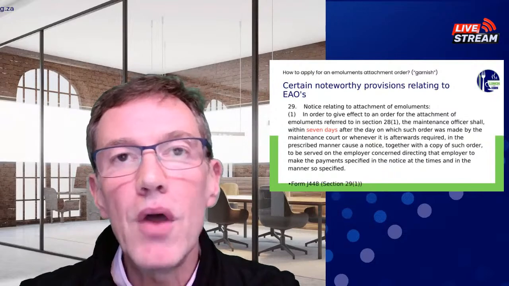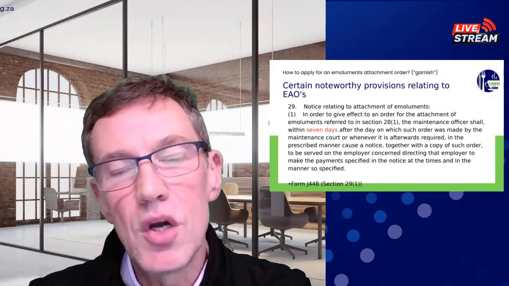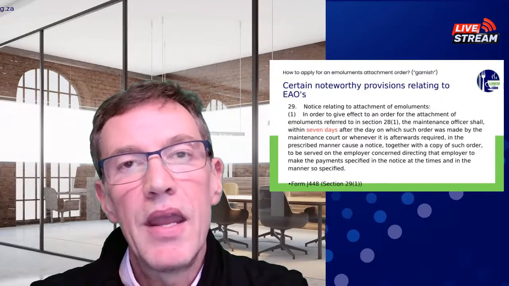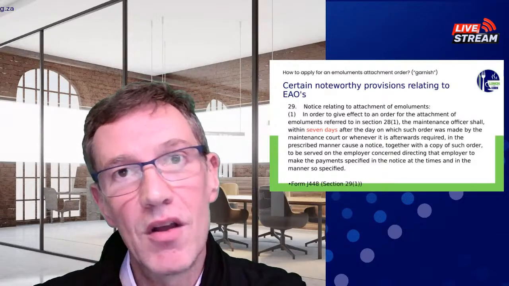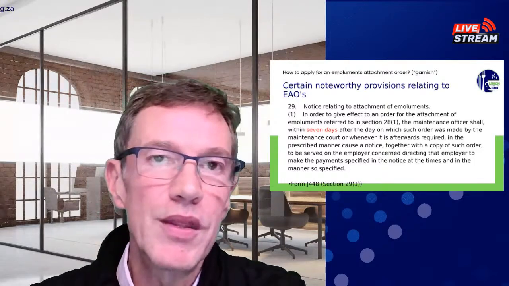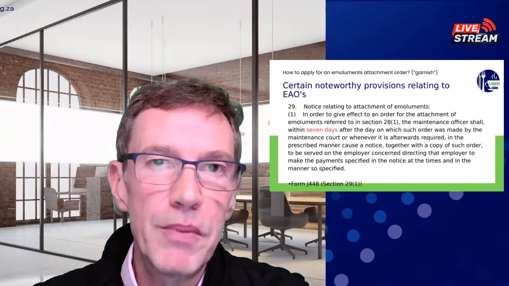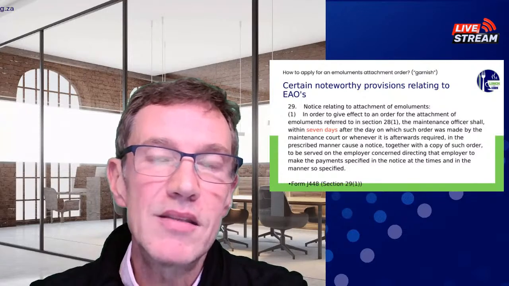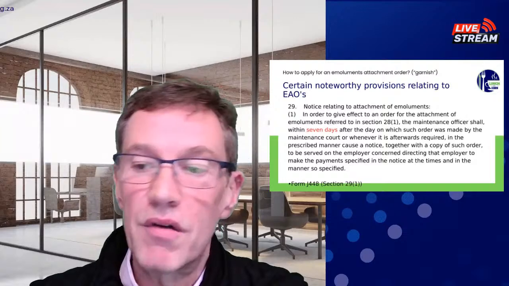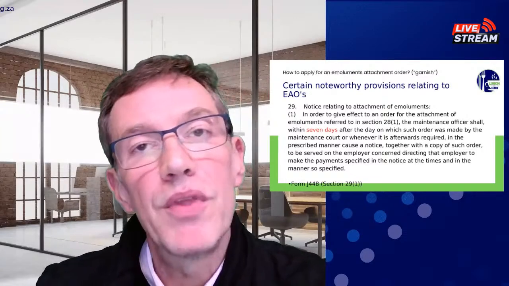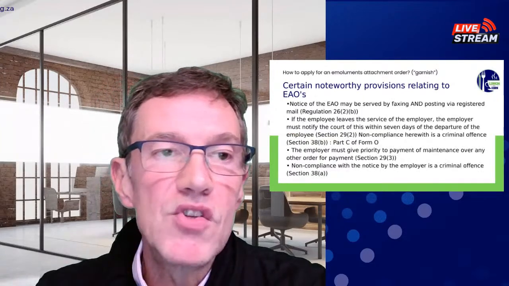And for both of those, there are certain remedies. If the clerk of the court or the maintenance officer is not doing their job, in terms of the DOJ code dealing with disciplinary hearings and the process that needs to be followed, disciplinary hearings could be instituted against that maintenance officer for non-compliance with certain provisions of the Act, or if the employer is not deducting, then certain remedies could be effected on the side of the employer as well.